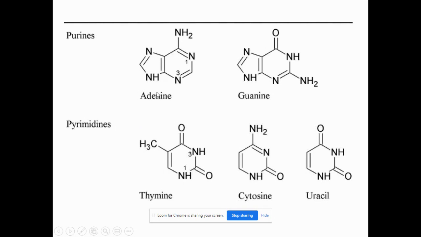You have adenine and guanine, your purines, and then you have thymine, cytosine, and uracil, your pyrimidines. Based on the structure, what's the major difference between purines and pyrimidines? Purines are double-ringed nitrogenous bases. Pyrimidines are single-ring nitrogenous bases.